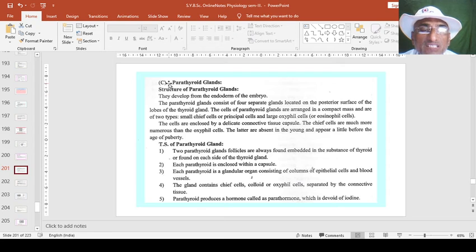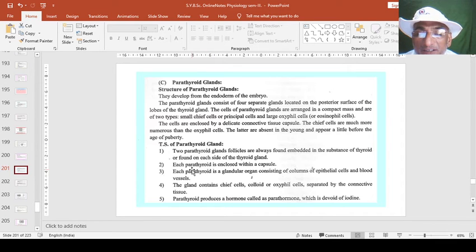If we see the transverse section of the thyroid gland, likewise the transverse section of the parathyroid gland, it shows parathyroid glands always found embedded in the substance of the thyroid or found on each side of the thyroid gland. So these are located just close to the thyroid gland, therefore called parathyroid glands.